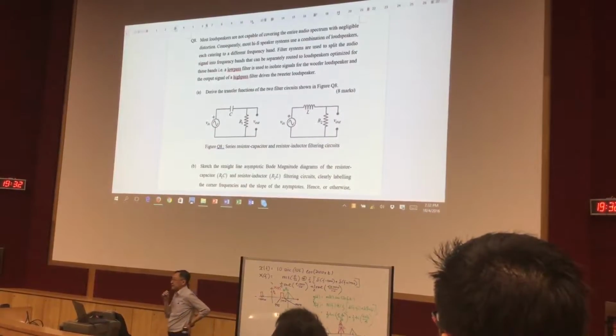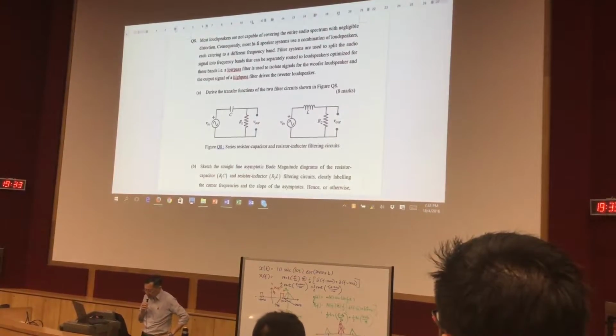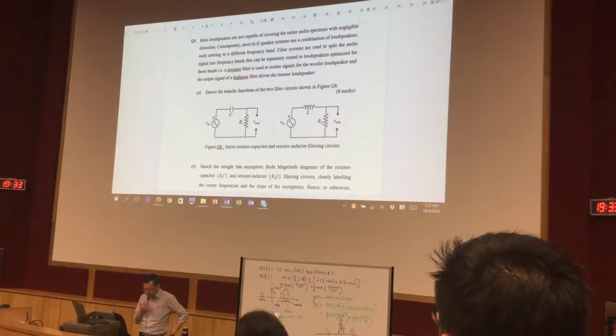Most loudspeakers are not capable of covering the entire audio spectrum with negligible distortion. Consequently, most hi-fi speaker systems use a combination of loudspeakers, each catering to a different frequency band.